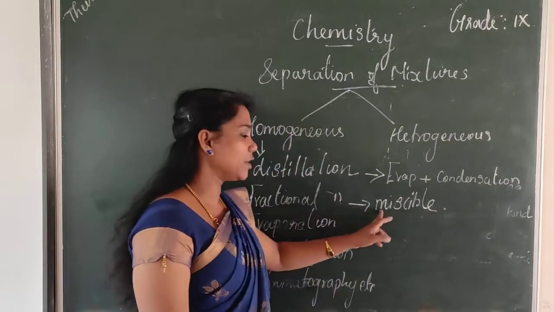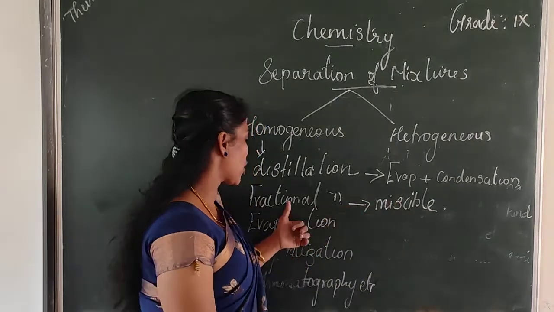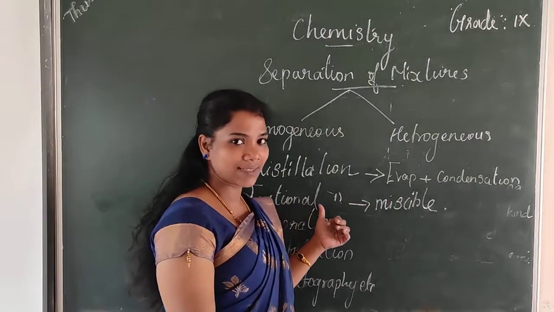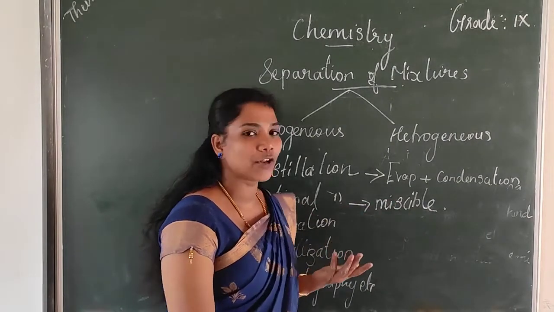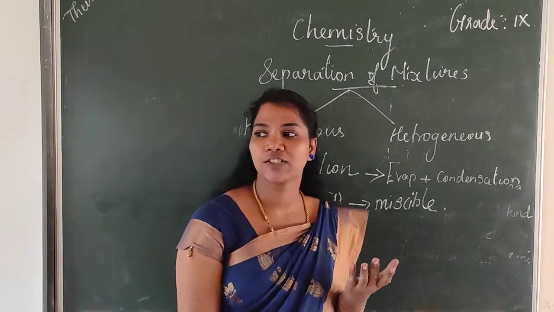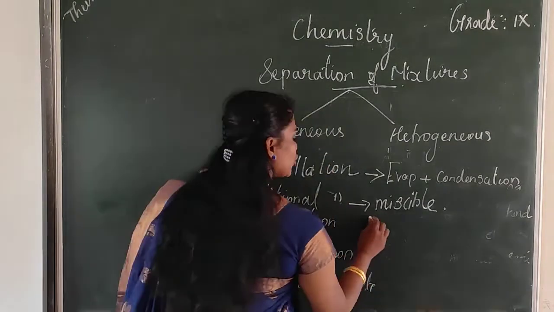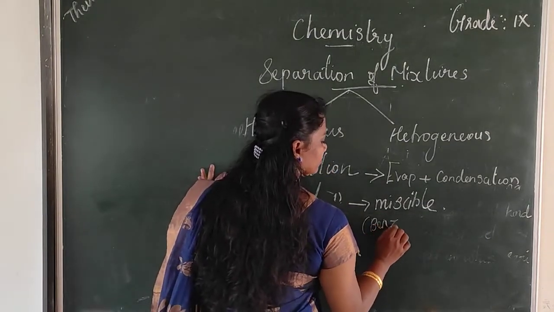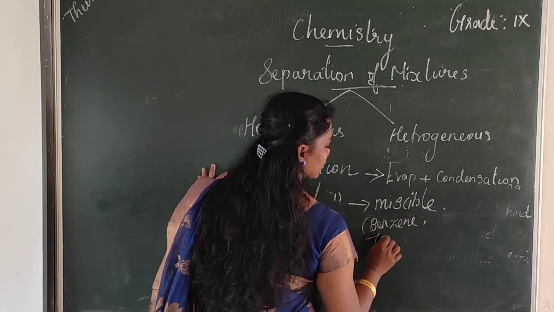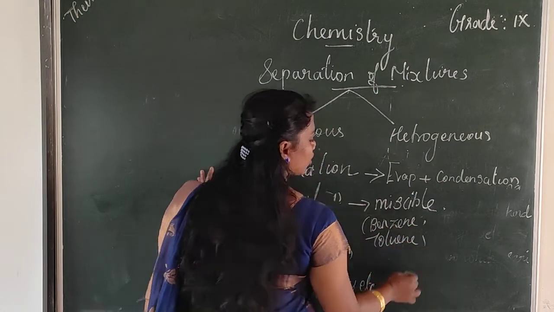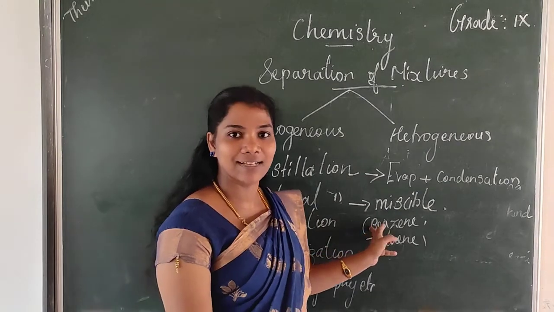Such types of liquids can be separated by employing the technique of fractional distillation. Another example, two chemicals, benzene and toluene. Both are colorless liquids.